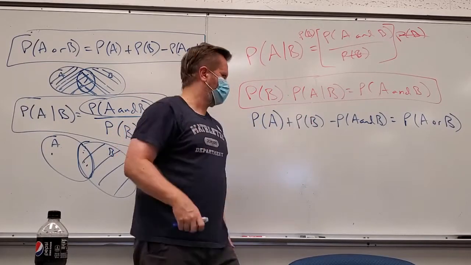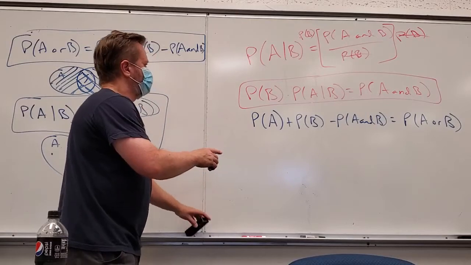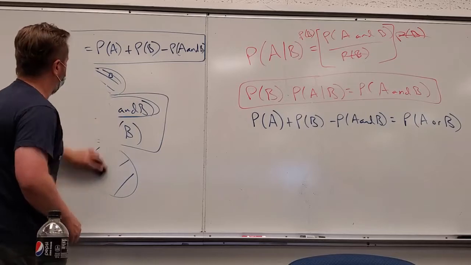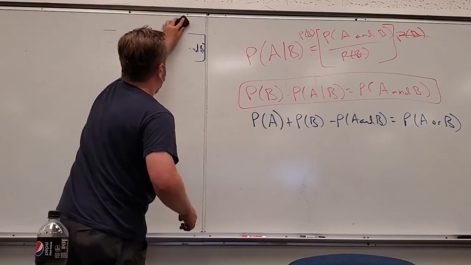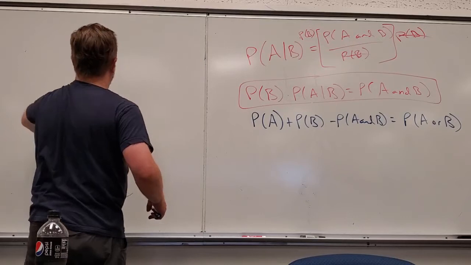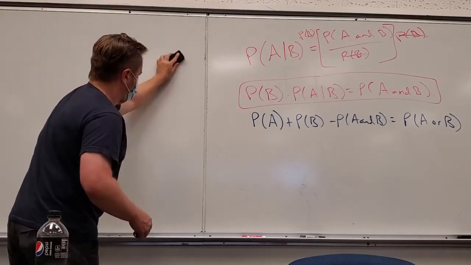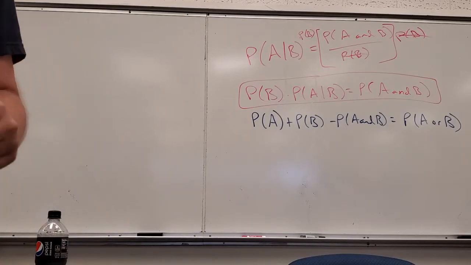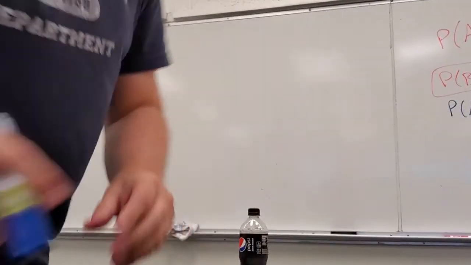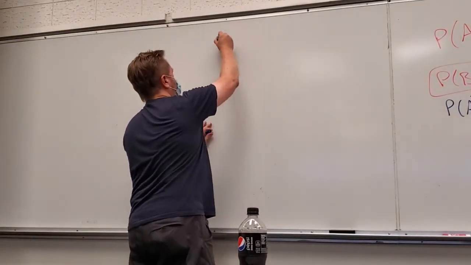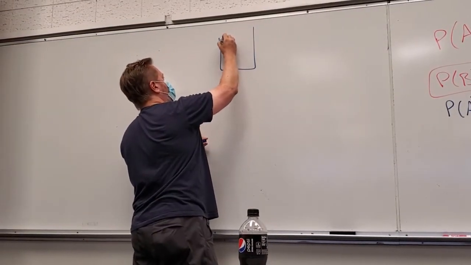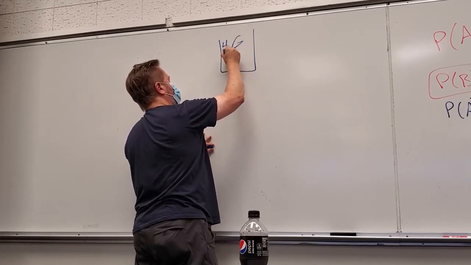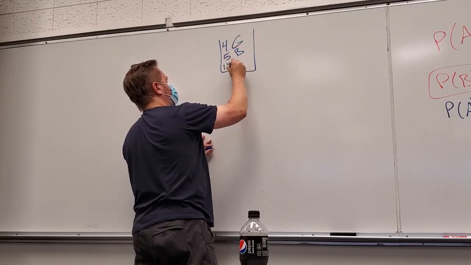Okay. All right. Now let's do an example to see how this really works. Let's do this because I know a few people don't really know cards too well. Let's go back to our bag. I've got 4 green poker chips, 5 blue poker chips, and 11 red poker chips.